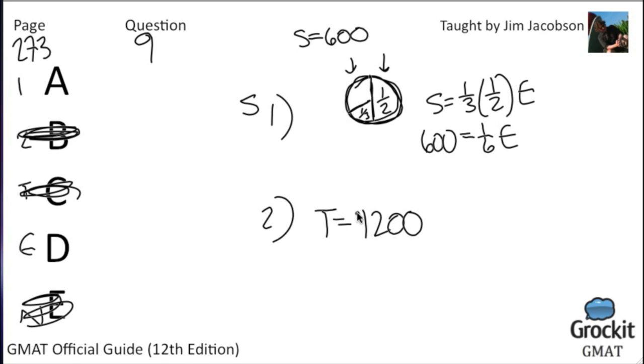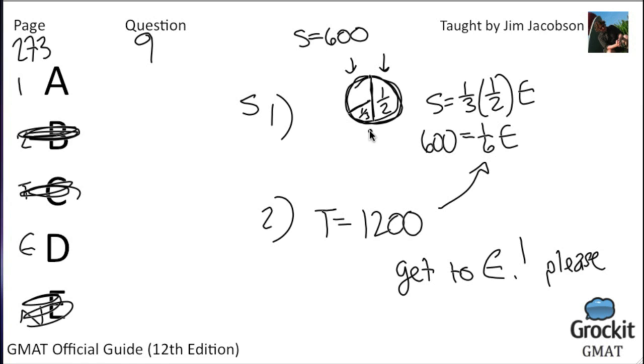If we'd been given that, we would have had sufficiency. We don't have a way to get back to E. So statement 2 on its own does not give us anything that gets us back to something like we had in statement 1. It's not enough, insufficient. That allows us to get rid of D. Answer choice A is our answer.